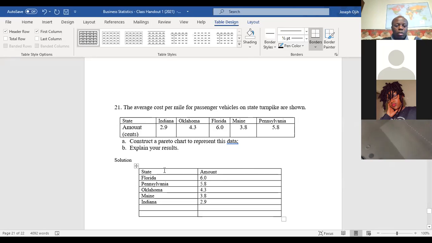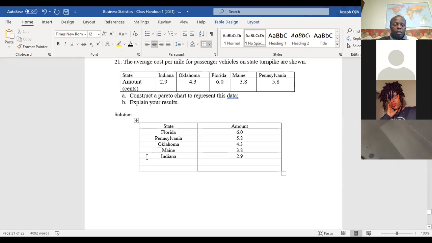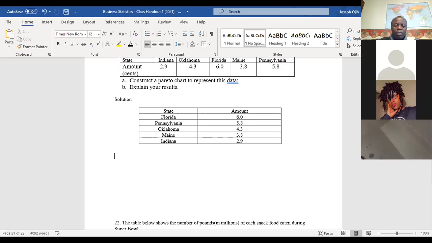Now it says construct a Pareto chart to represent this data, and then interpret your results. So let's see. Due to the limitations, I'll give you an idea of how to draw this. Then if you allow us, we can go to Excel and complete it. Say you're doing this in class, let's say this is an exam. You first of all draw your chart.